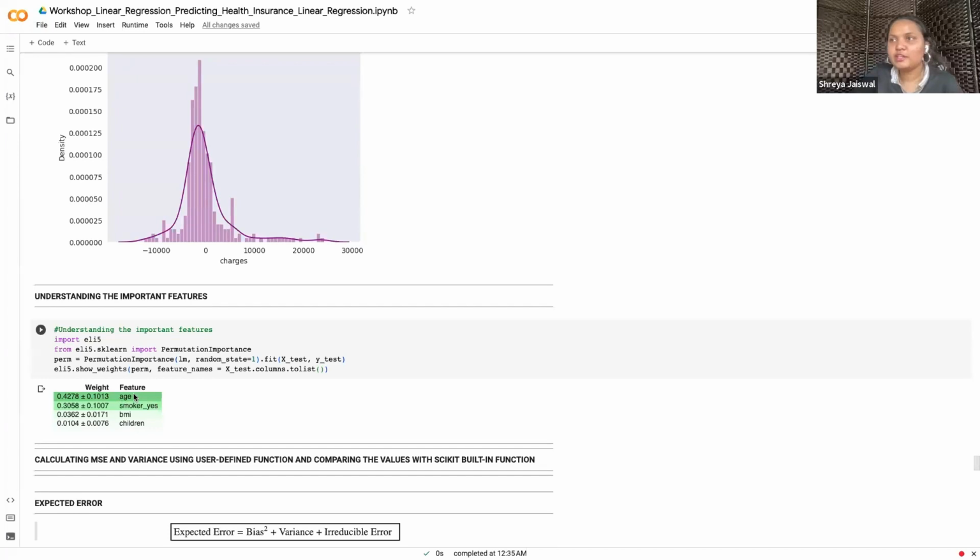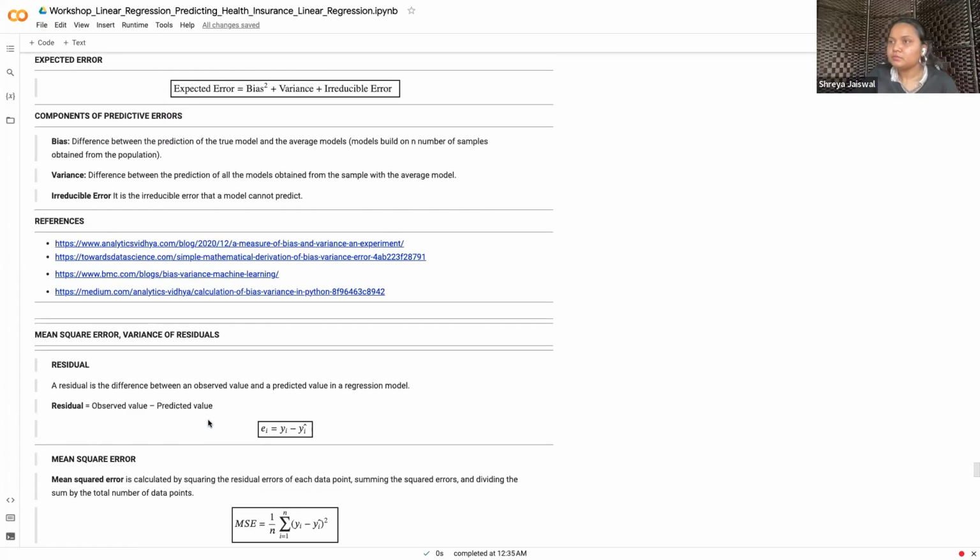We see age plays a very important factor in determining the charge. Whether the person smokes is also an important factor in determining how much the person has to spend on health insurance. Likewise, BMI is third, and the last is the number of children.